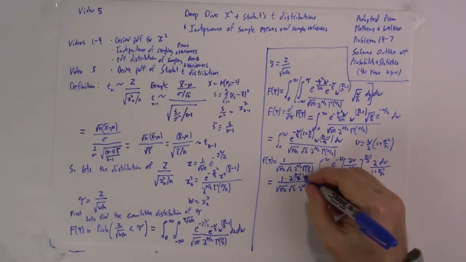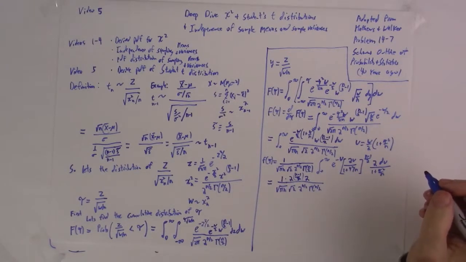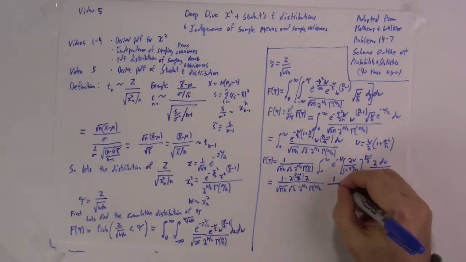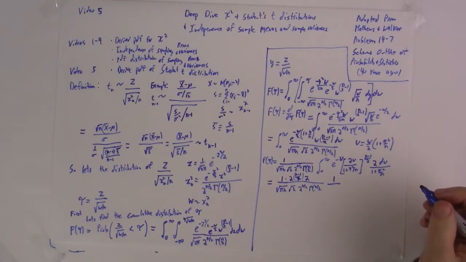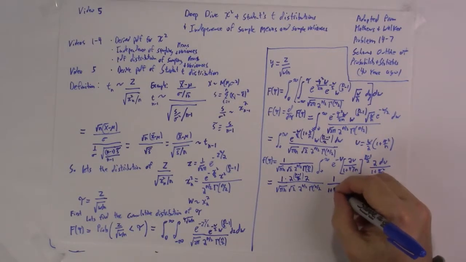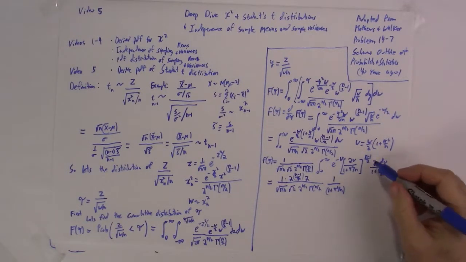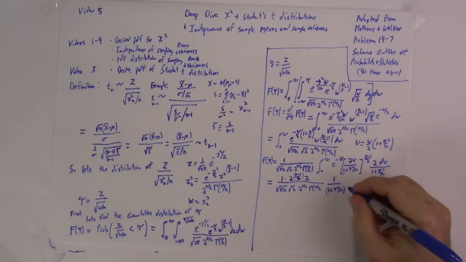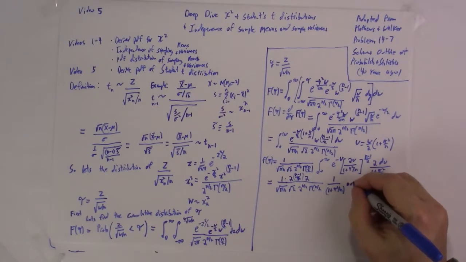I have another 2. And now I have the important factors for the distribution. 1 plus tau squared over n. This is raised to the n minus 1 over 2, and then I have another plus 1, so this becomes n plus 1 over 2, and it's in the denominator.